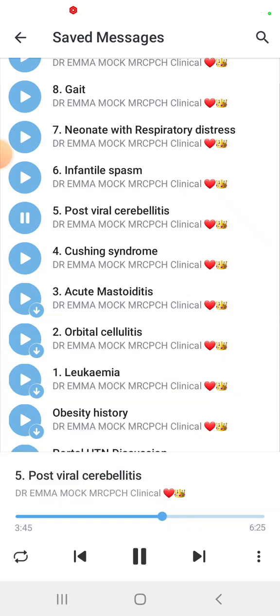What is the management plan of post-viral cerebellitis? In post-viral cerebellitis, it usually resolves spontaneously and does not require treatment. I will involve the multidisciplinary team: neurologist, physiotherapist, speech and language therapist, social worker, family support, psychological support, and liaison with the school.